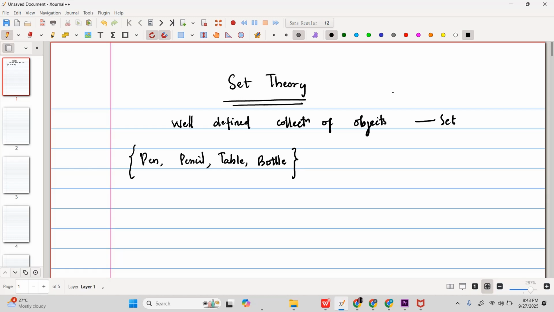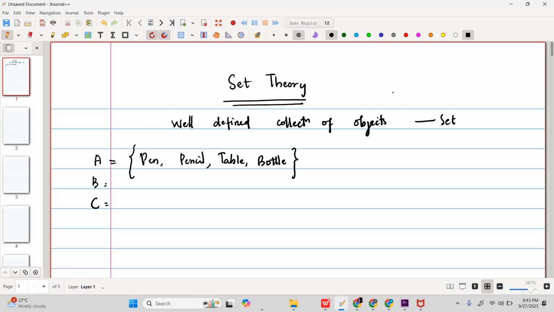And the set is generally named with capital letters or uppercase English alphabets like A, B or C. These are the names, or the representation, of a set. We have to give a name using the uppercase letters of the English alphabet.